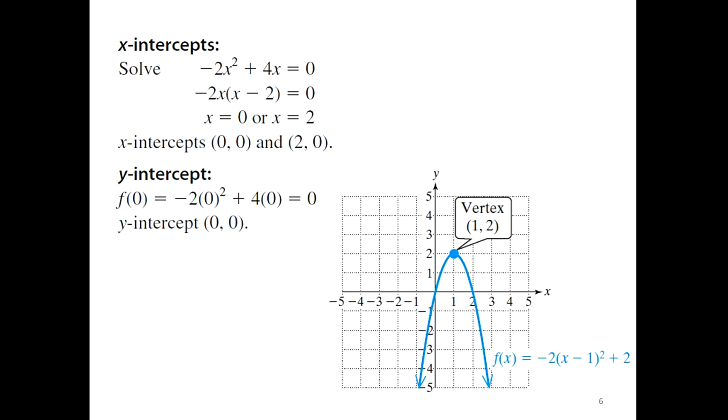Now, we need to find the x-intercept and y-intercept for the same quadratic formula. We have f of x equal negative 2x squared plus 4x. And we need to find the x-intercept. X-intercept means f of x equals 0. So we need to solve this equation.